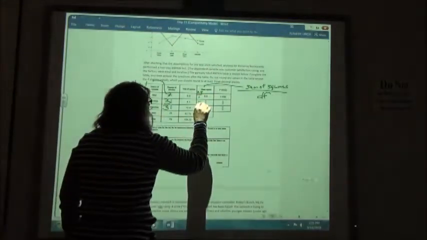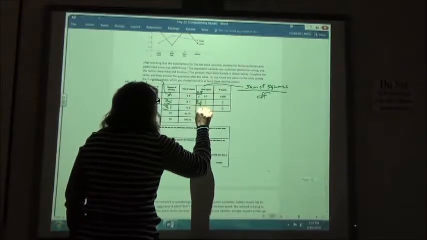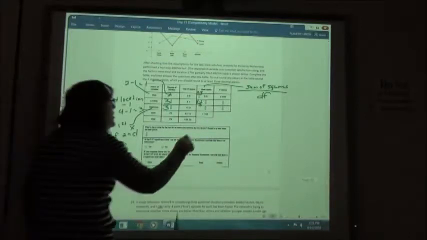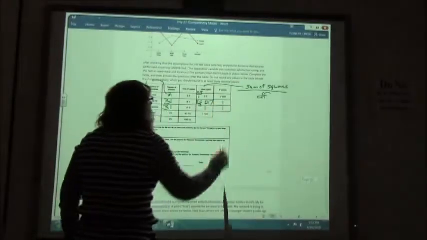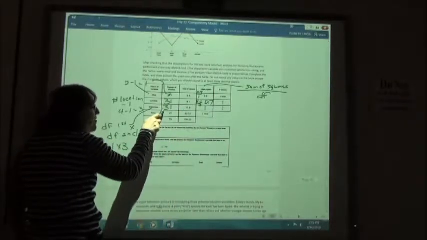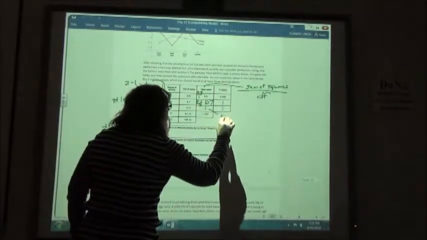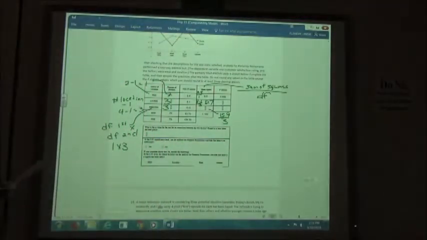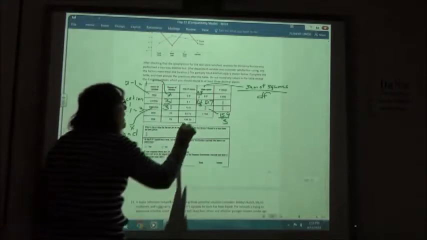On this one, we're going to take 8.1 and divide it by 3. So if you take 8.1 and divide it by 3, you should come up with 2.7. On the next one, we're going to take 15.9 divided by 3. If you divide that out, you get 5.3.